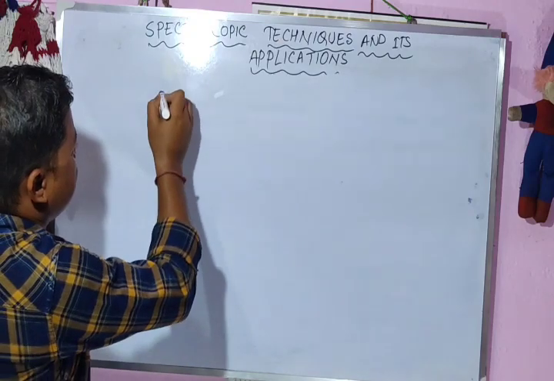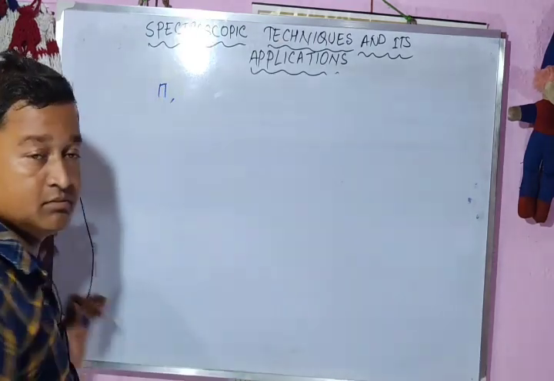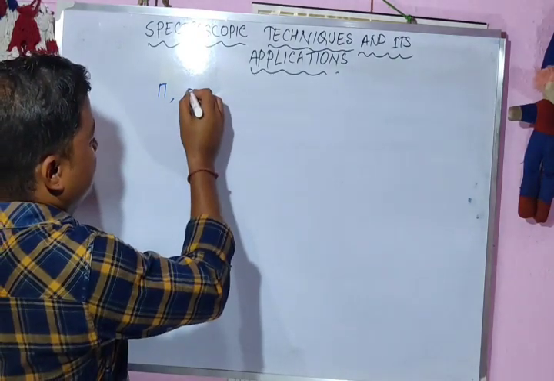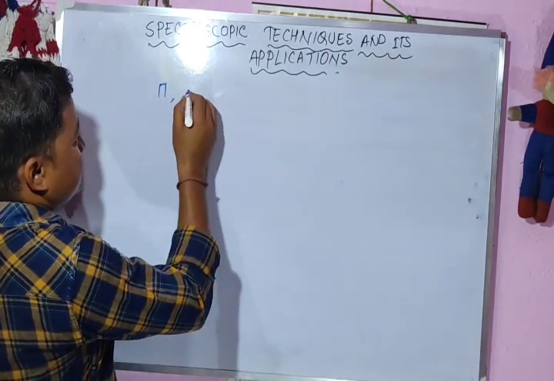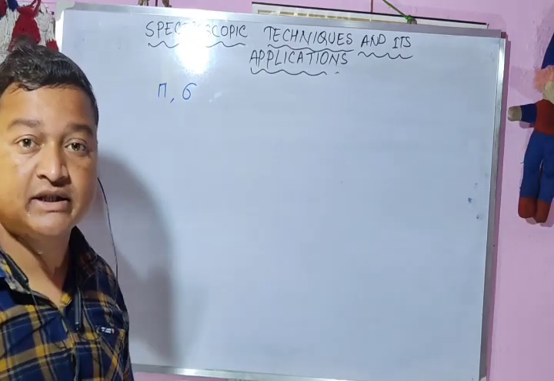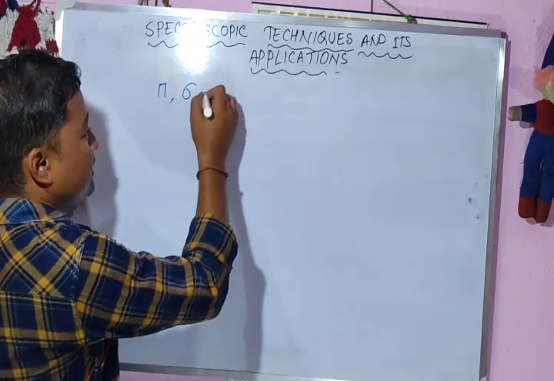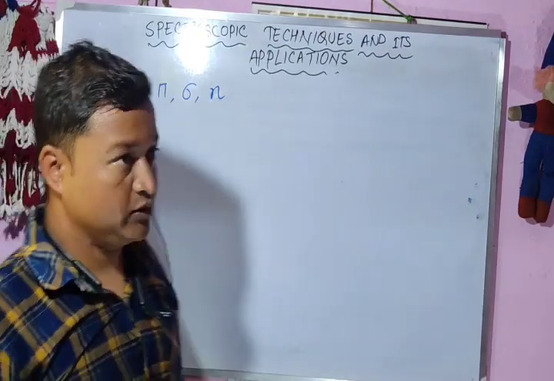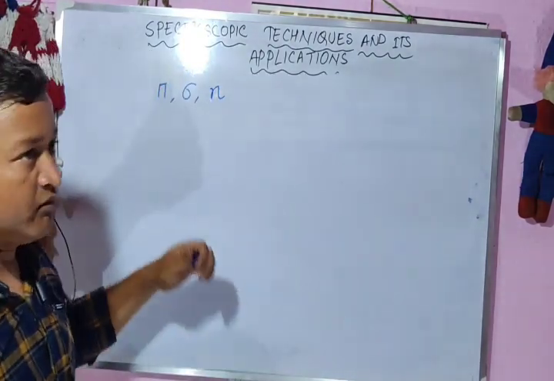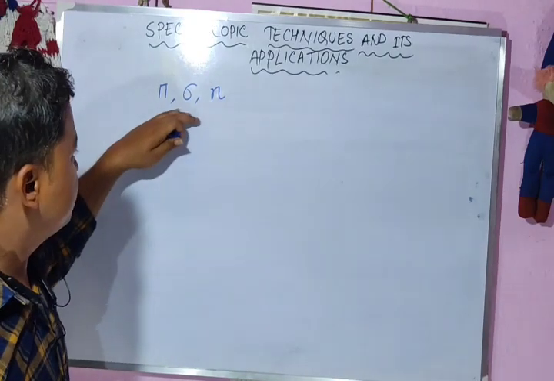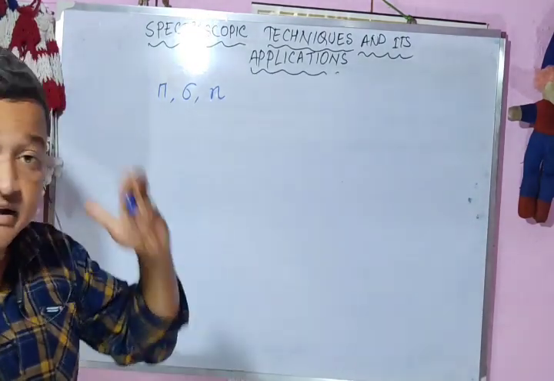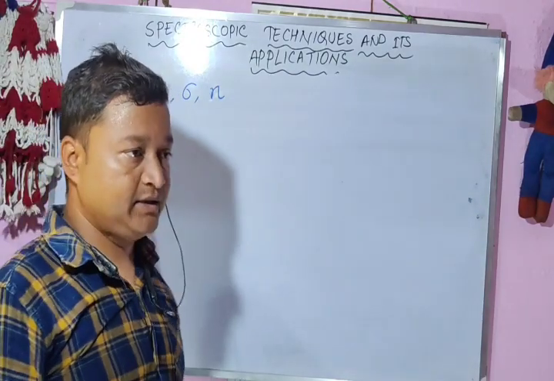Everybody knows there are pi electrons, sigma electrons and non-bonding electrons. Three types of electrons in molecules. Not in every molecule, but pi electrons, sigma electrons and non-bonding electrons are also present.